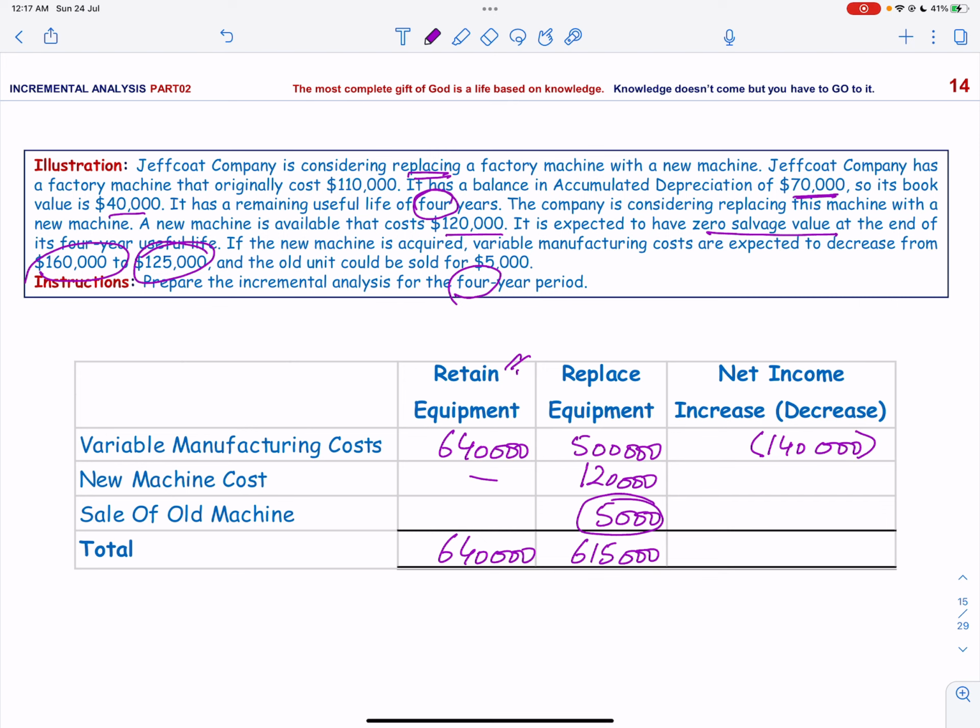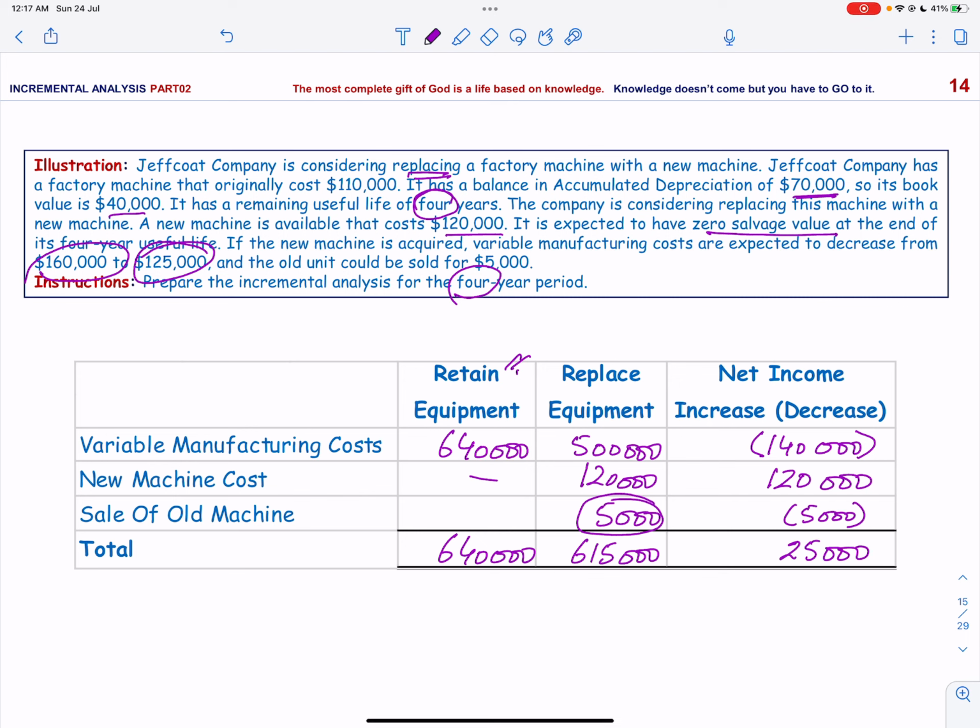If we replace, we are going to have an addition for the purchase cost, so our cost will increase by 120,000, and this will decrease our cost when we are selling the old machine for 5,000. So actually the total cost will decrease by 25,000.